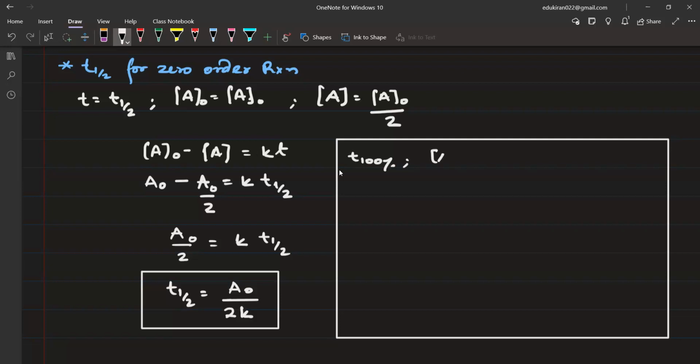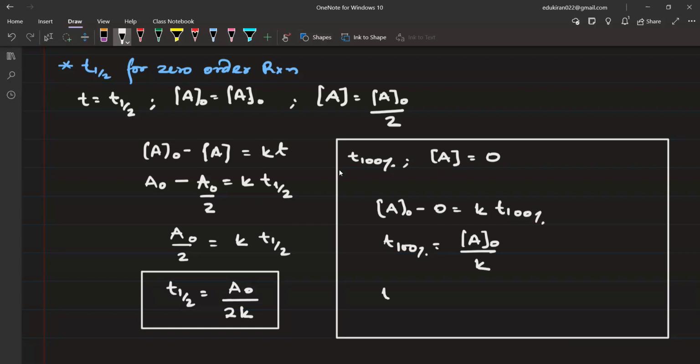Here the concentration of A will be equal to 0 when the complete reaction is done. So A naught minus 0 is equal to K T 100%. So T 100% will be equal to A naught by K.